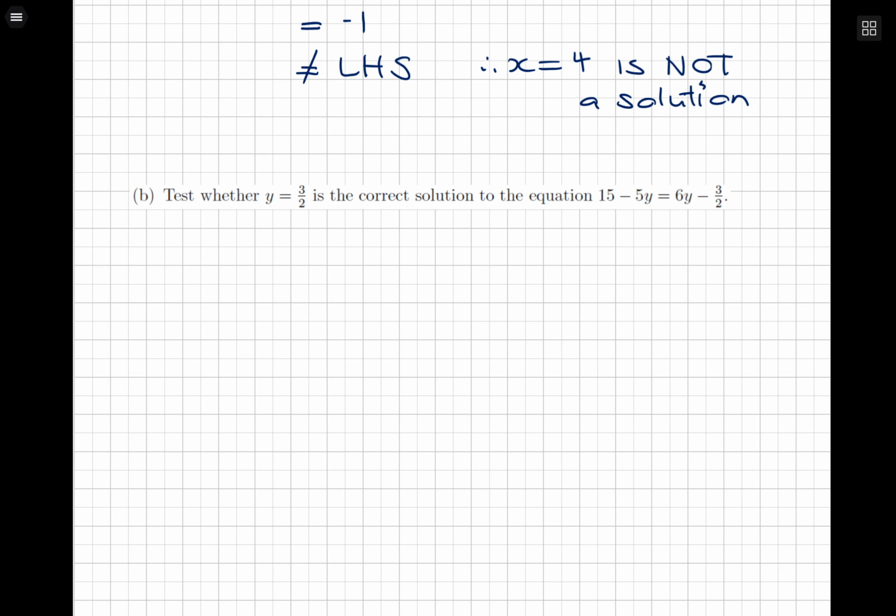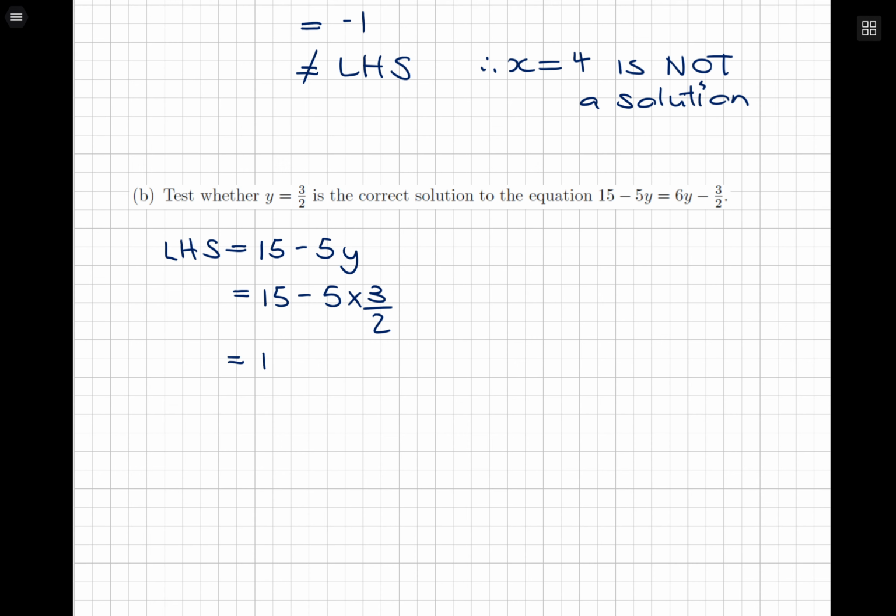Okay, let's try the last one. Another one to test. This time testing whether y equals 3/2 is the correct solution. Okay, 3/2, fractions, your favourite. Can't wait. Let's go, left-hand side equals, and we'll just write it as it is, 15 minus 5y. Then we put in the substitution, so 15 minus 5 times 3/2.